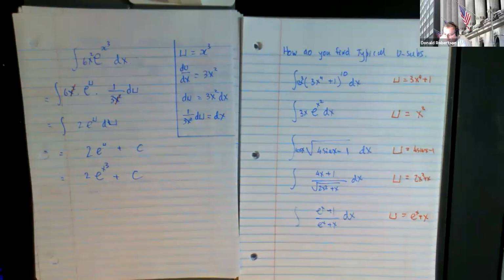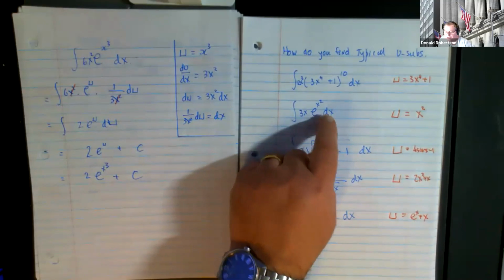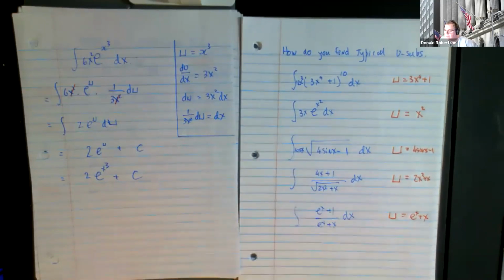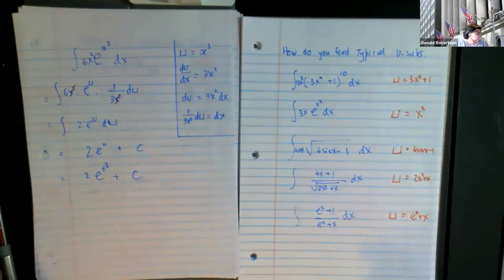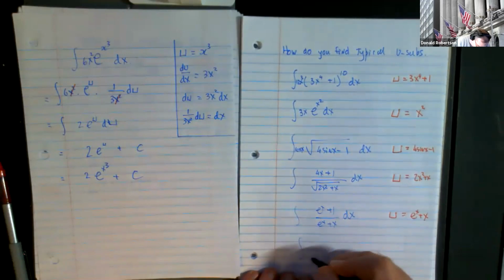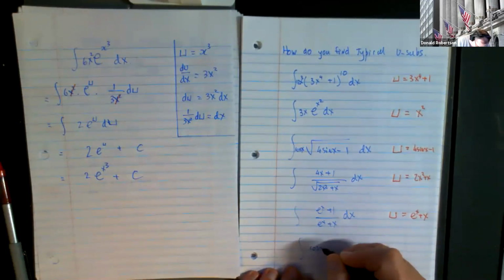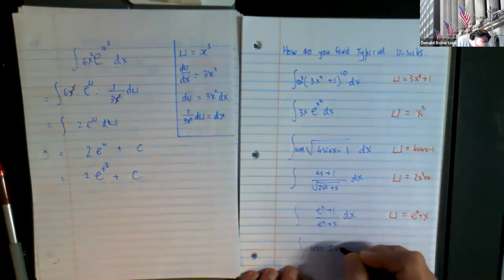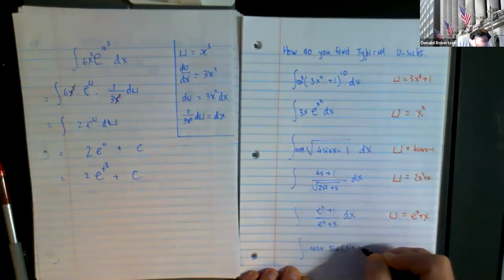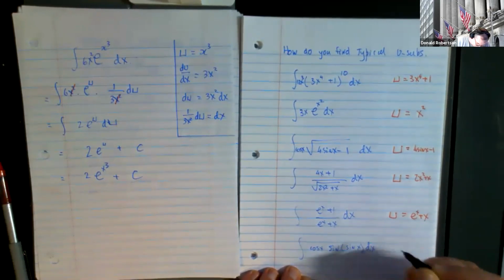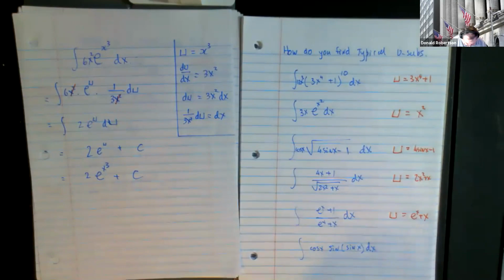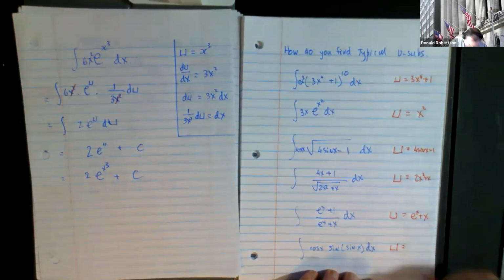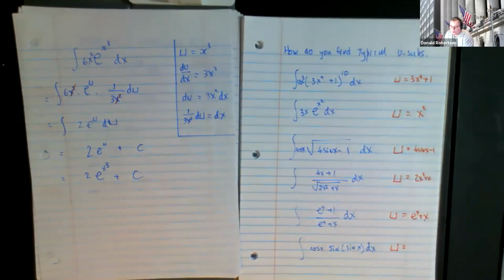Are you getting a feel for the typical situations where a u sub would be used? Here's a really weird one. What do you think the u sub in this question would be?